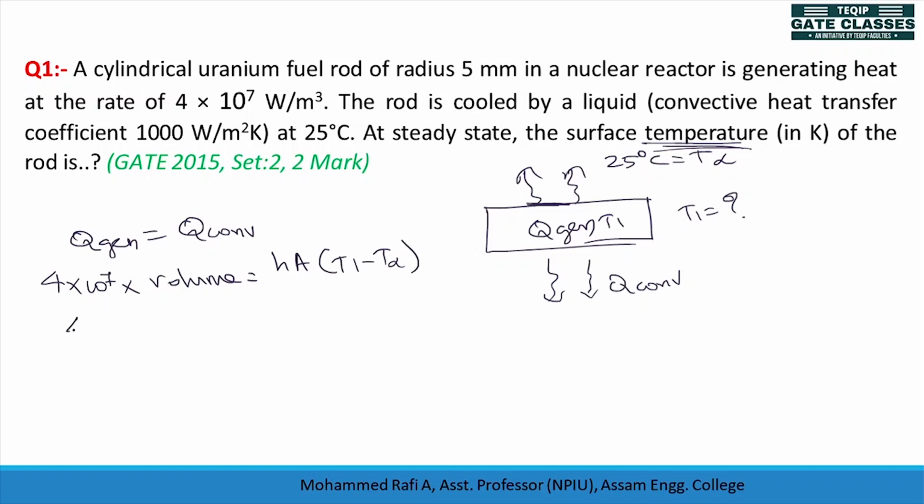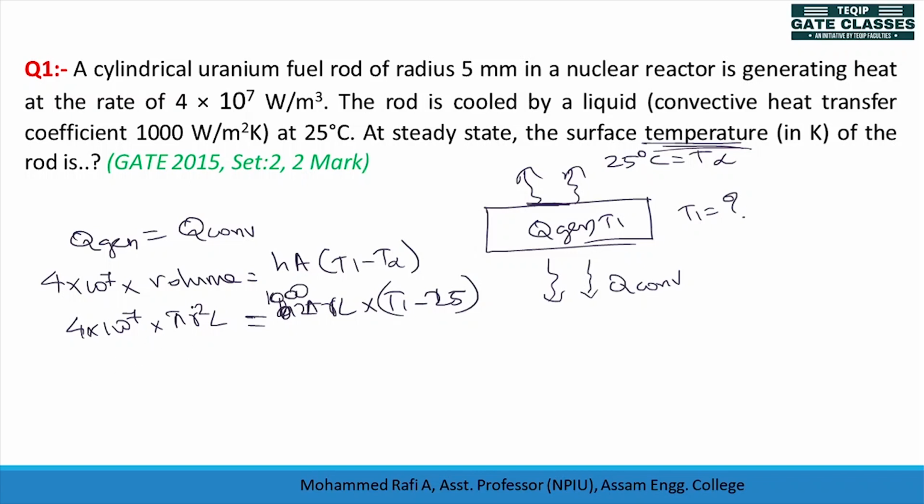Now 4 into 10 to the power 7, and the volume of the cylinder pi r square into L, should be equal to h into the surface area, 2 pi r into L, and T1, which I don't know, minus 25, right? For h I can write 1000.